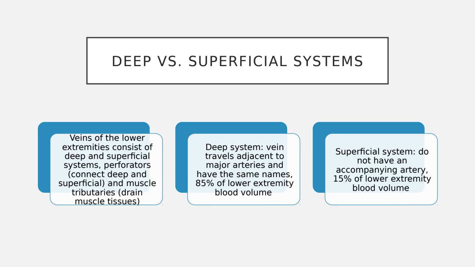Those anterior tibial veins, posterior tibial veins, and peroneal veins do have a paired artery, but we still consider those calf veins part of the superficial system. So there are a lot of nuances when we're talking about our cardiovascular anatomy.